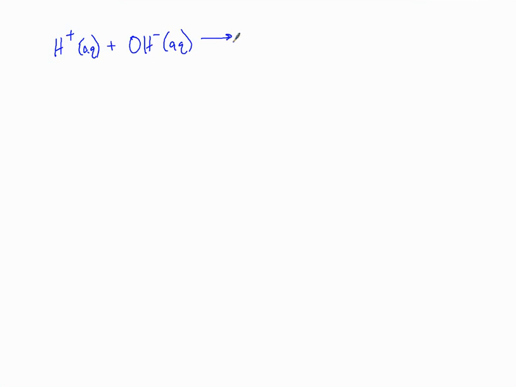When these two ions react, we end up with H2O, liquid water. So the question now is, would the solubility of calcium hydroxide increase or decrease? Explain the change in solubility using Le Chatelier's principle.